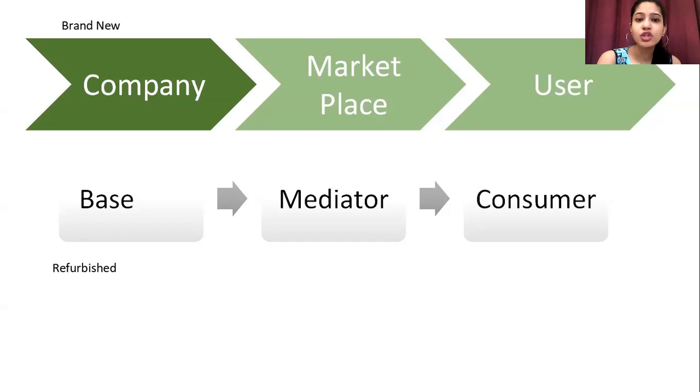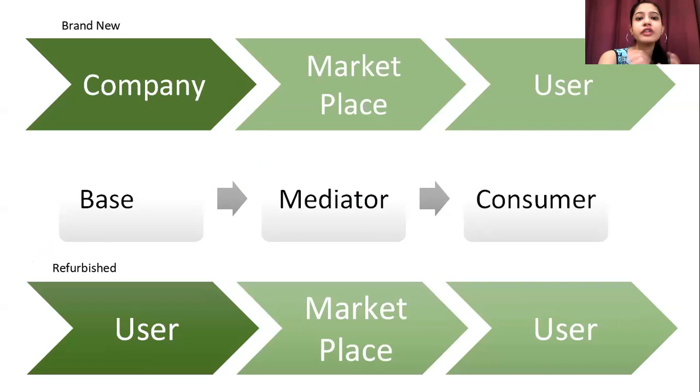Now this user becomes the base of the refurbished product, because the product is pre-owned, so you get a refurbished product. If it is pre-owned, it has been used once, so you can definitely use it once again. How? It is resold to another user.